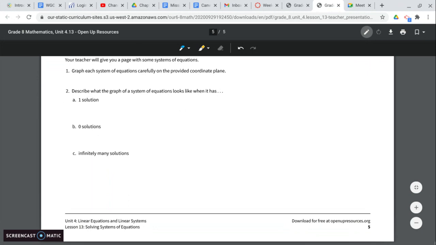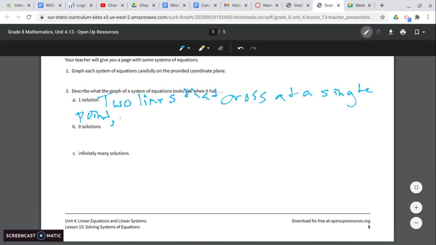So these systems, when they have one solution, we have two lines that cross at a single point, which is the only solution they share.